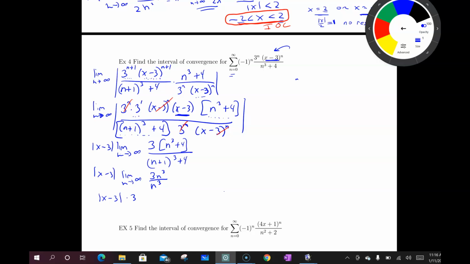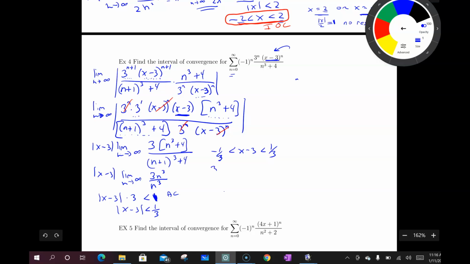So this is what I want to be less than 1 so that it's absolutely convergent by the ratio test. Remember, ratio test says less than 1, absolutely convergent. So I'm going to put absolute value of x minus 3 is smaller than 1/3. So then I'm going to move it up here. I'm going to say this x minus 3 is between 1/3 and negative 1/3.